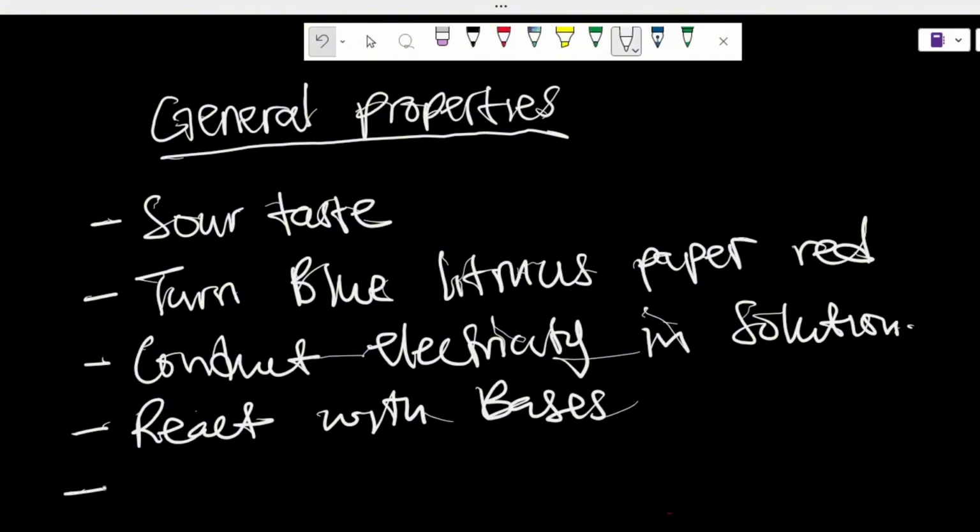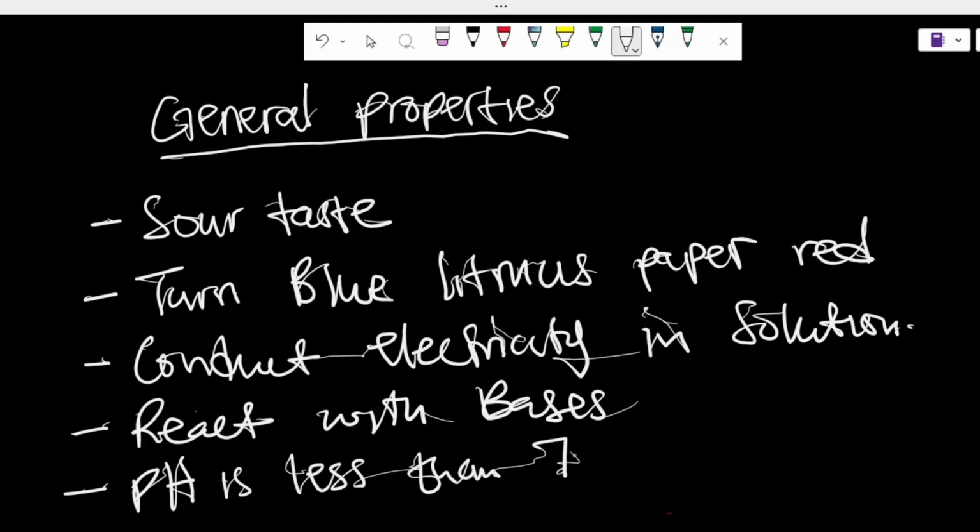And another key property of acids is that their pH is actually less than 7. And keep in mind, for most of these properties, when you come to discuss the bases, they usually have the opposite of this. So if you understand this, it is going to help you distinguish between acids and bases.